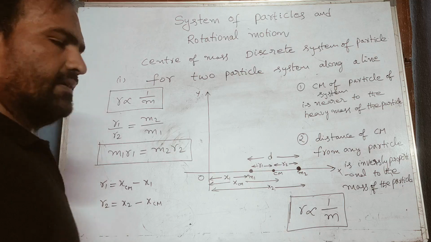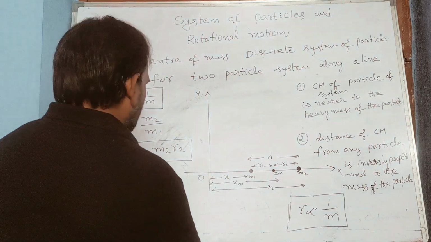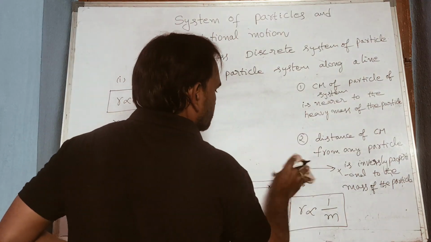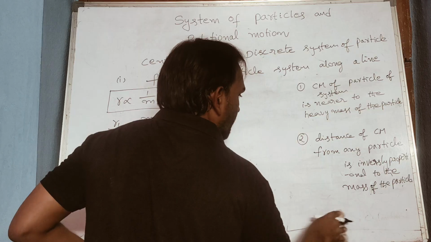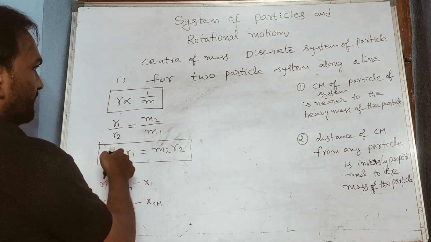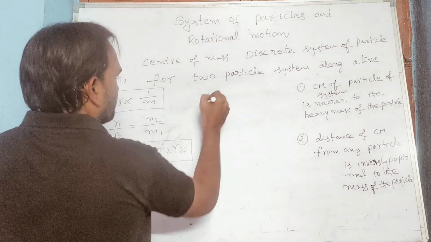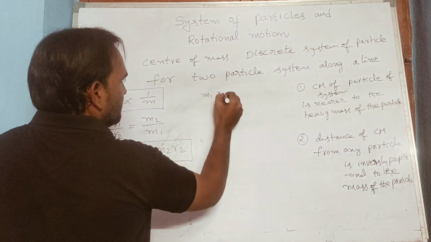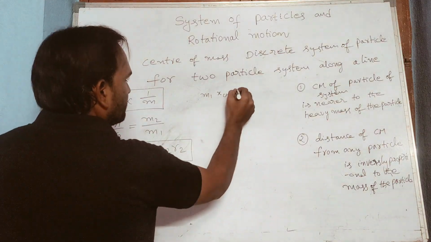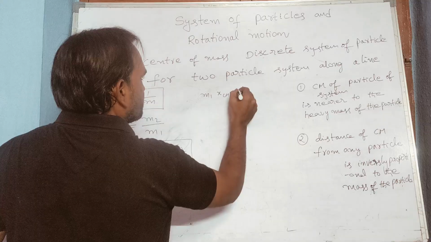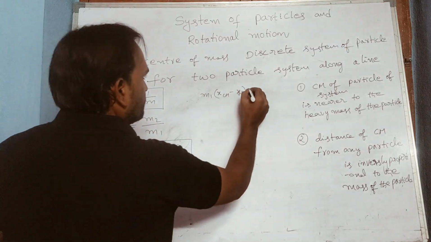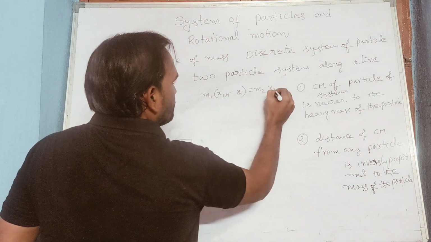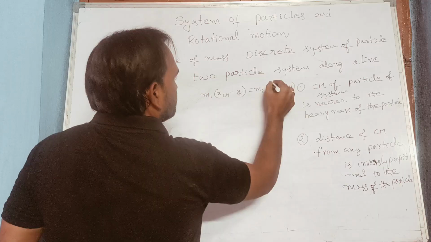So m1 times r1, that is x center of mass minus x1, is equal to m2 times r2, that is x2 minus x center of mass.